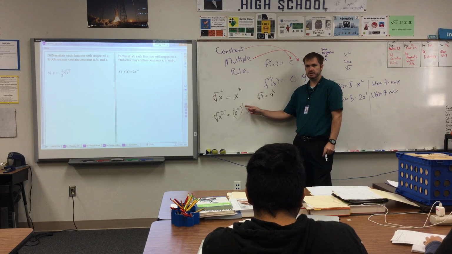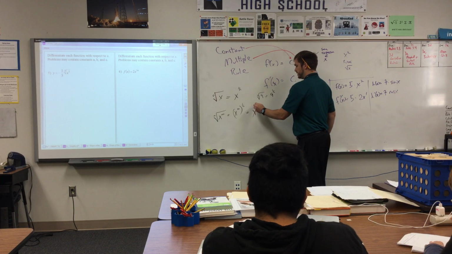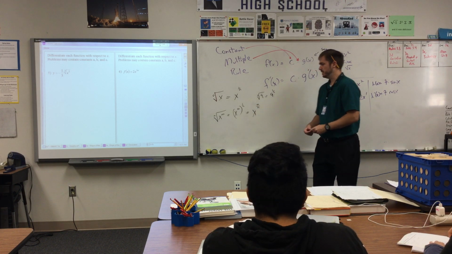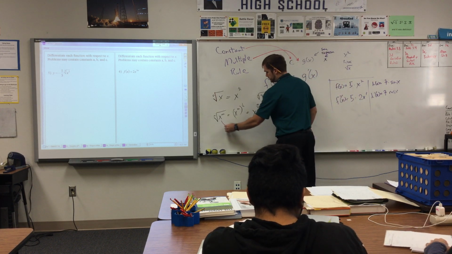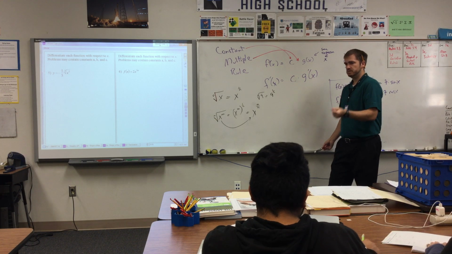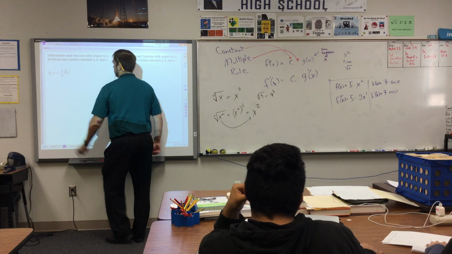What do you do with those powers? You multiply them. So that's x to the m in the numerator, n in the denominator. I would expect you as calculus students to be able to go from that statement to that statement. That's why I'm doing it here.